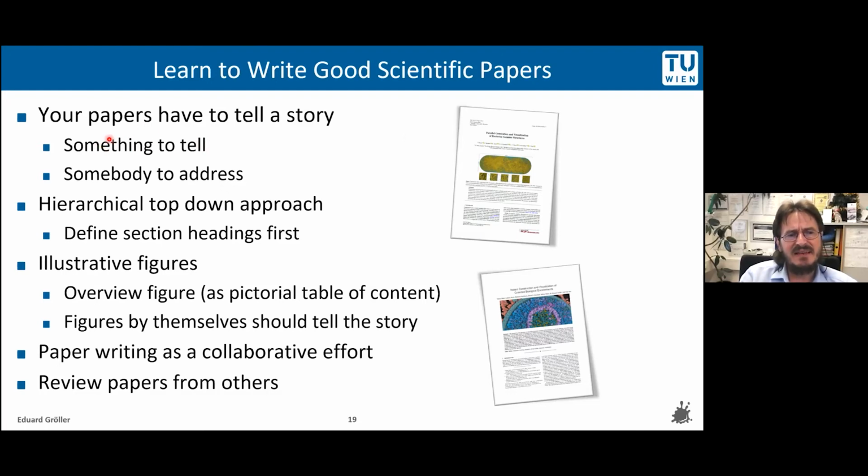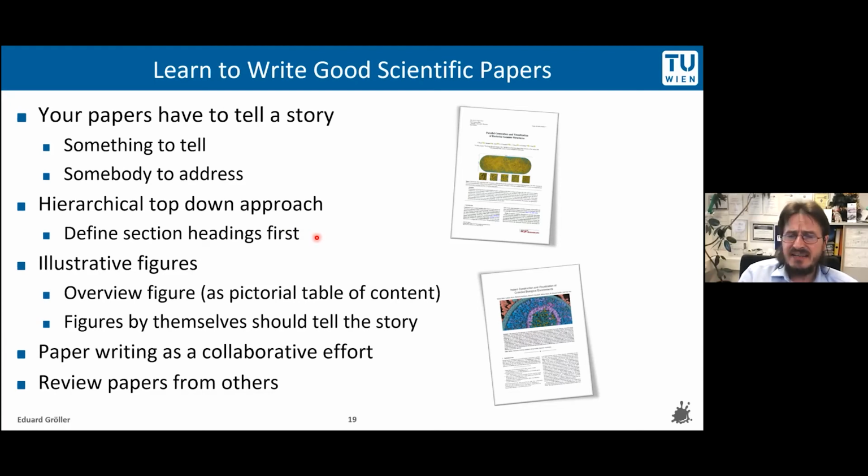What is the punchline? And then, in writing a paper, there are some mechanical things, like take a hierarchical top-down approach, define your section headings first, think about how extensive the individual sections shall be.